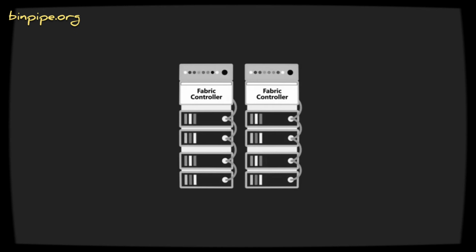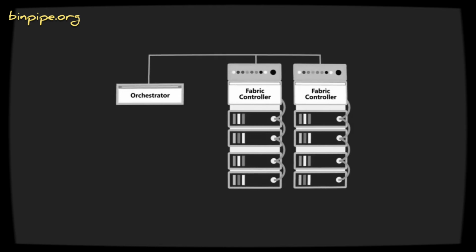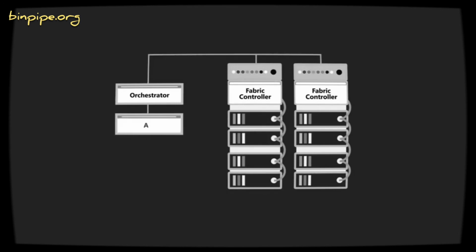One server in each rack runs a special piece of software called a fabric controller, and each of these fabric controllers in each rack is connected together in the data center, and the entire stack is then connected to another special piece of software called an orchestrator. Now the orchestrator is responsible for managing everything that happens in cloud, including responding to user requests.